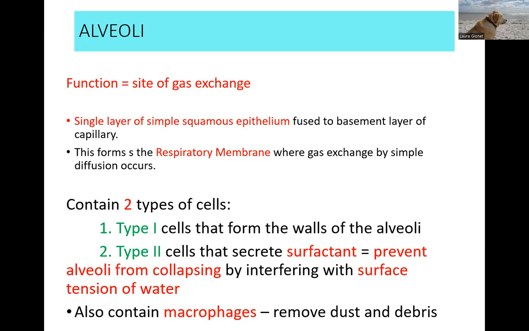All right, so this is it. You have the walls of the alveoli, kind of like the skin of those grapes I was talking about. That skin is composed of one single layer of squamous epithelium. On the other side, with just a little bit of connective tissue, it will connect to a capillary, which is also one layer of simple squamous epithelium.